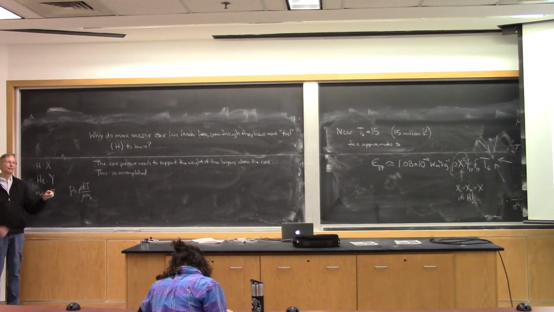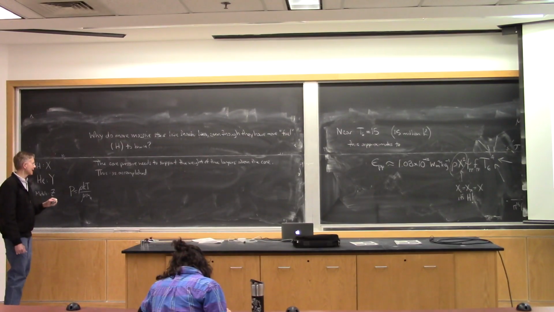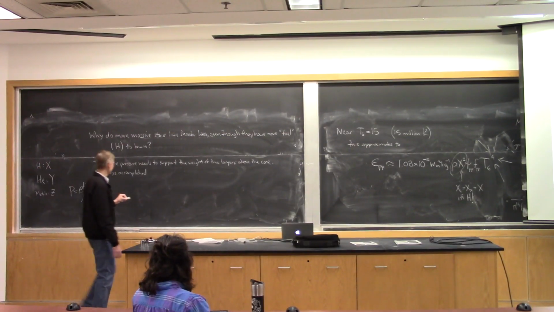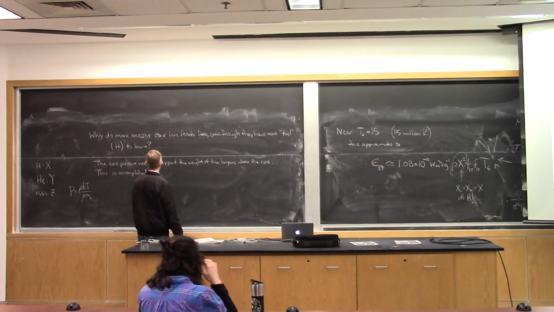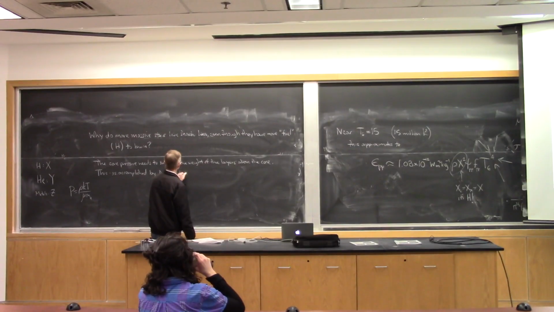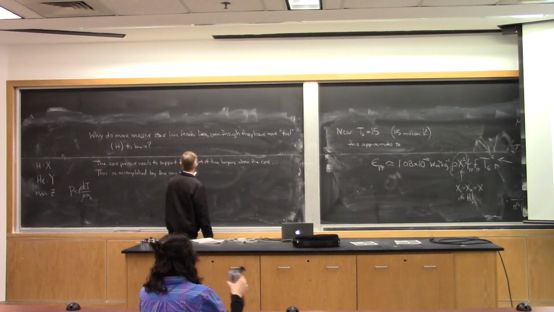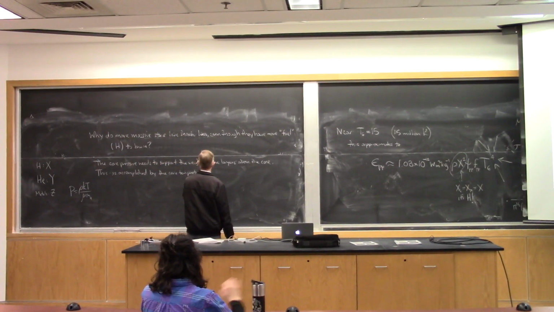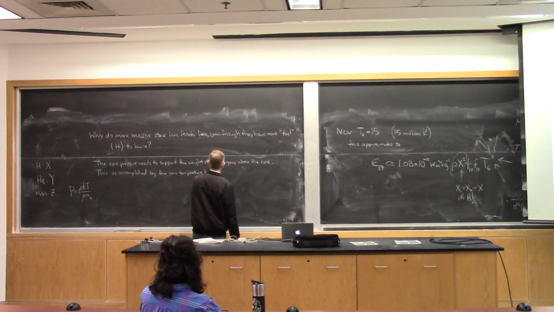So what predominates here? Well, you have to actually do the calculations, right? Make your stellar model or whatever to figure that out. This is accomplished by the core temperature being higher in higher mass stars.